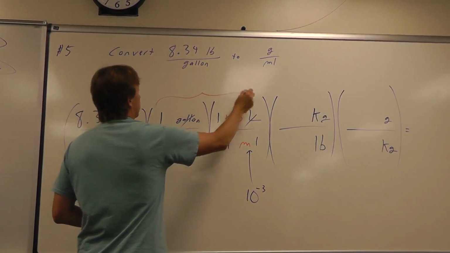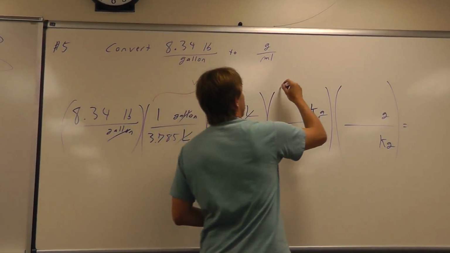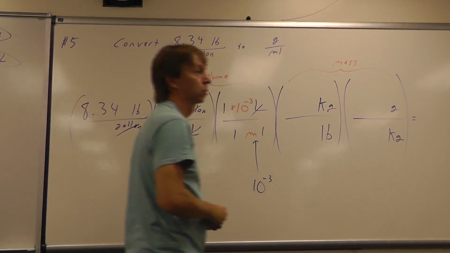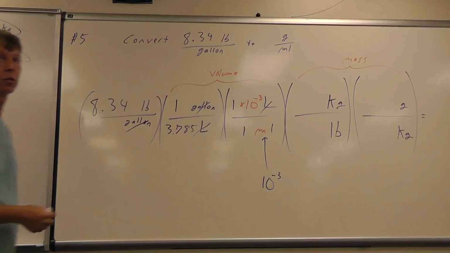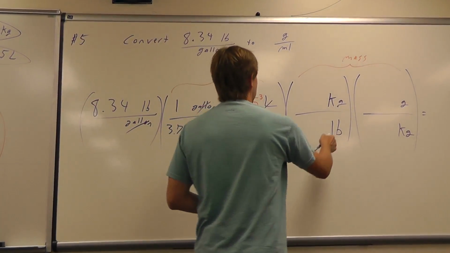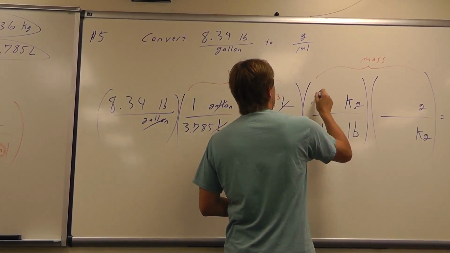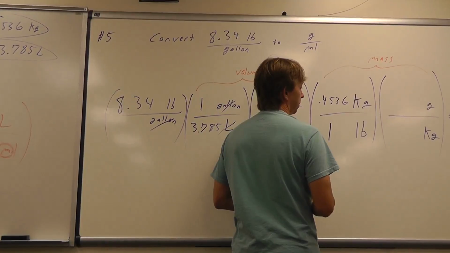This part here is the volume part of the conversion. This part here is the mass part of the conversion. But ultimately, the key to the whole thing is cancellation. Pounds, this is 1 goes with pounds. 0.4536 goes with kilograms.